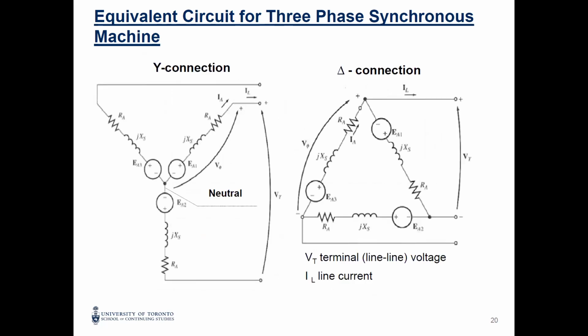Okay, let's continue. You can see from this that we have the equivalent circuit for the synchronous machine, with different connections, for example star and delta.